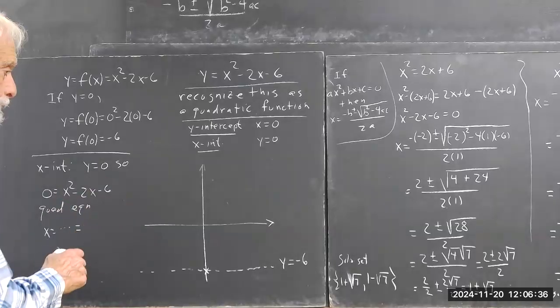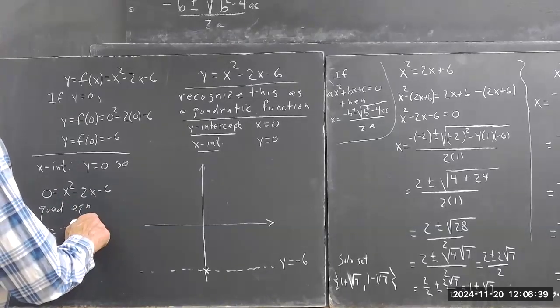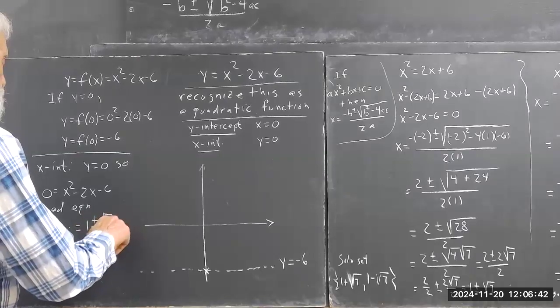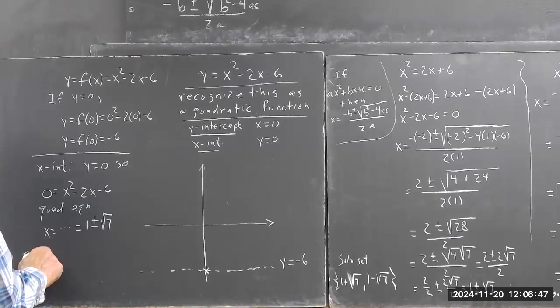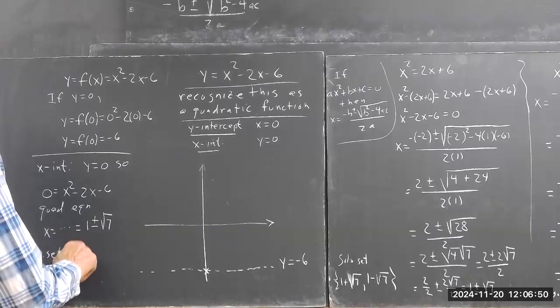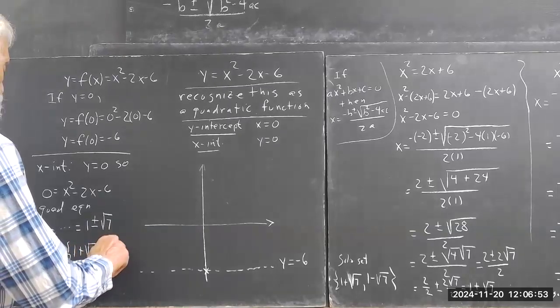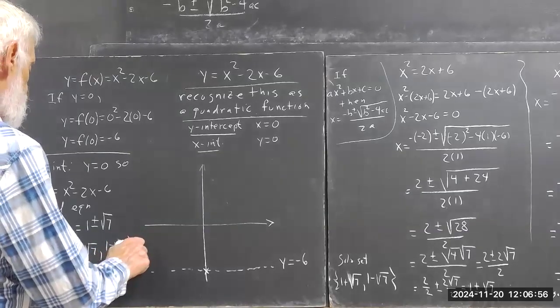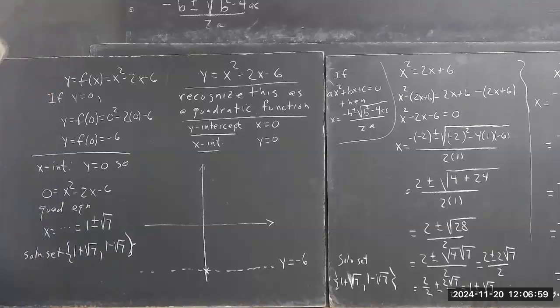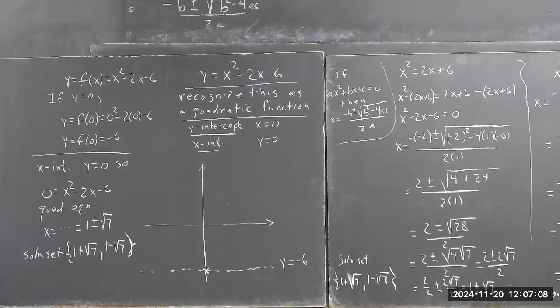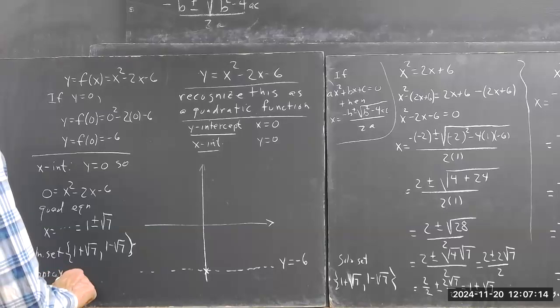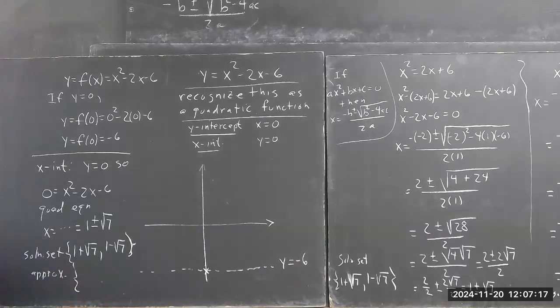Okay, so you get x equals 1 plus or minus the square root of 7. Right? Okay. So that means if x equals this or x equals this, we have y equals 0. Now I'll say the approximate solution set, which you could get from your calculator.